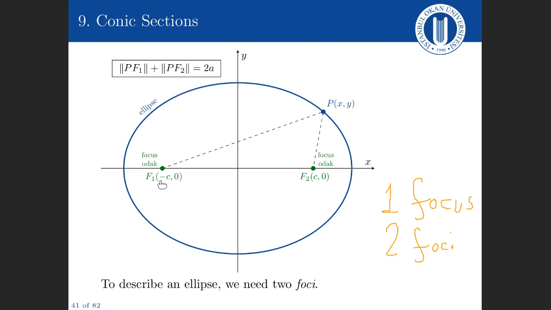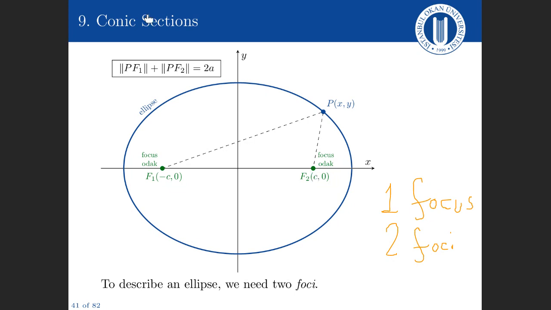Let's suppose we have a focus at the point (minus c, 0), and we also have a focus at the point (c, 0). That's the same as the two pins in the previous picture where I said, imagine that we draw an ellipse using a piece of string, two pins, and a pencil.